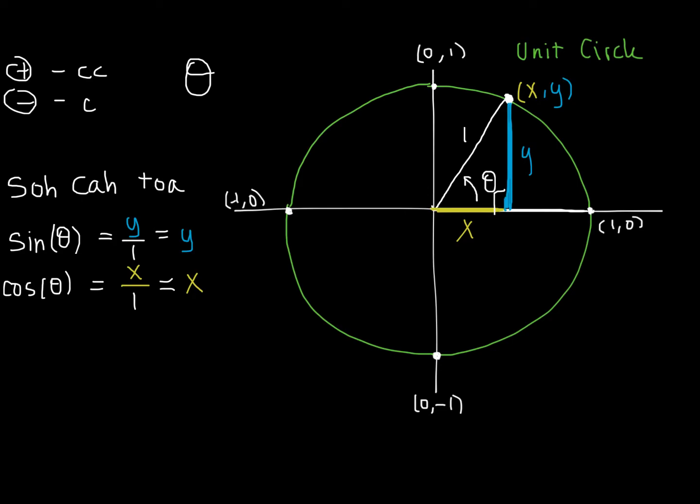So for any angle theta, this point x comma y, the x value is going to be the cosine of that angle theta, and the y value is the sine of that angle theta. Okay? So now we have a way of computing the x and y values of any point along the unit circle, simply by finding the cosine and the sine of this angle theta.